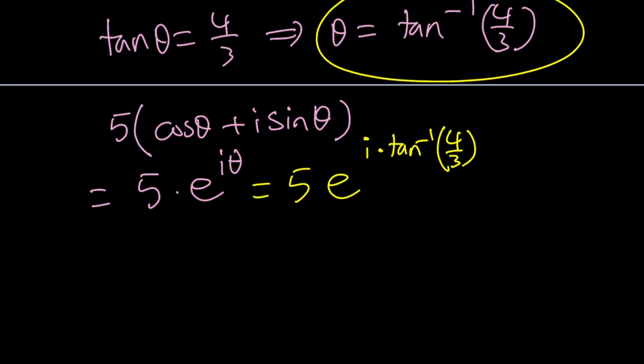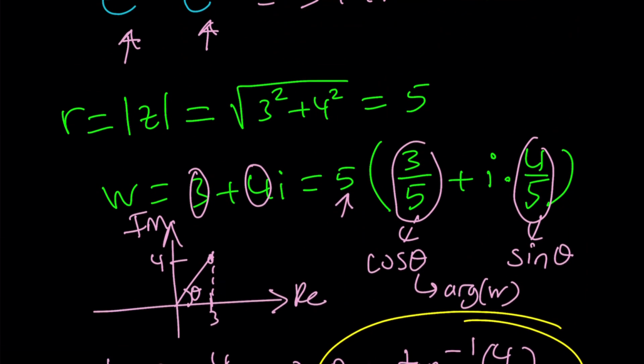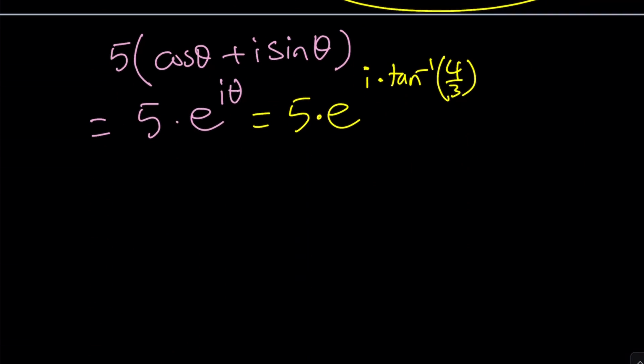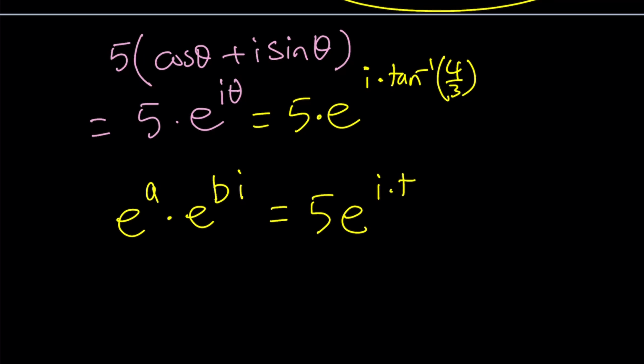So we got this. Now is the time to set it equal to my other number, which is e to the a times e to the bi. So this is our z, remember, right? Actually, z is a plus bi, never mind. I got confused. And this is equal to now 5 times e to the power i times tan inverse 4/3.